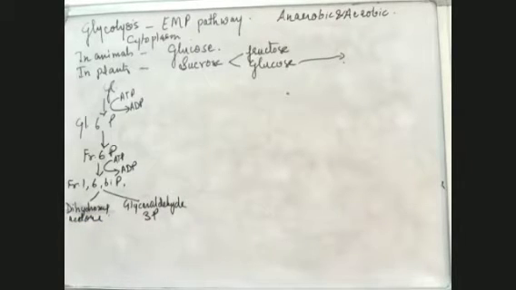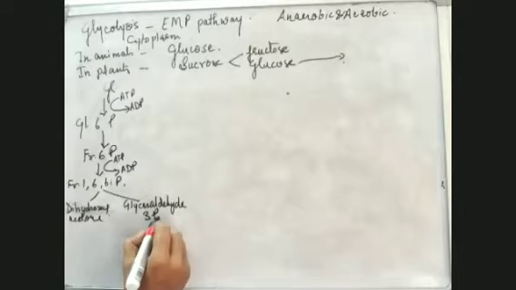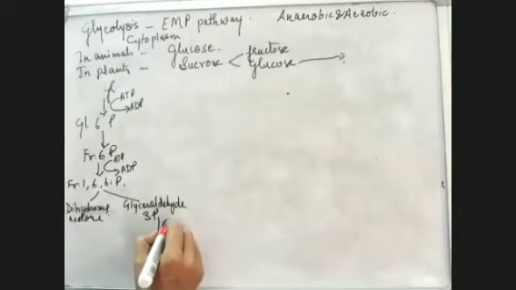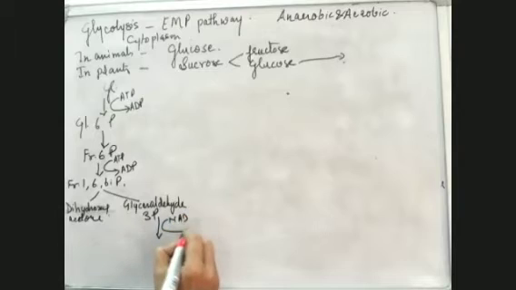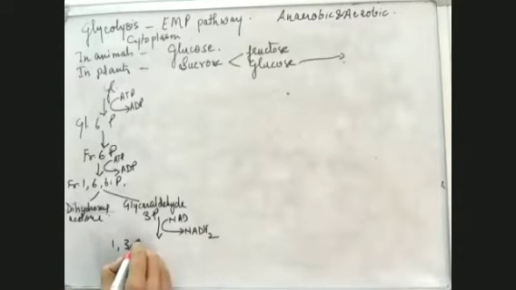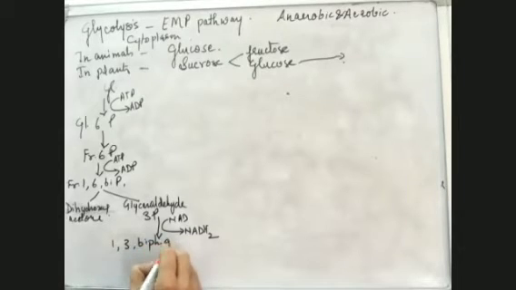And then finally, what happens after this? Here one NADH2 is formed. NAD gets converted into NADH2, and this then forms 1,3 biphosphoglycerate or glyceric acid. Then for this 1,3 biphosphoglyceric acid, here one ATP is synthesized.